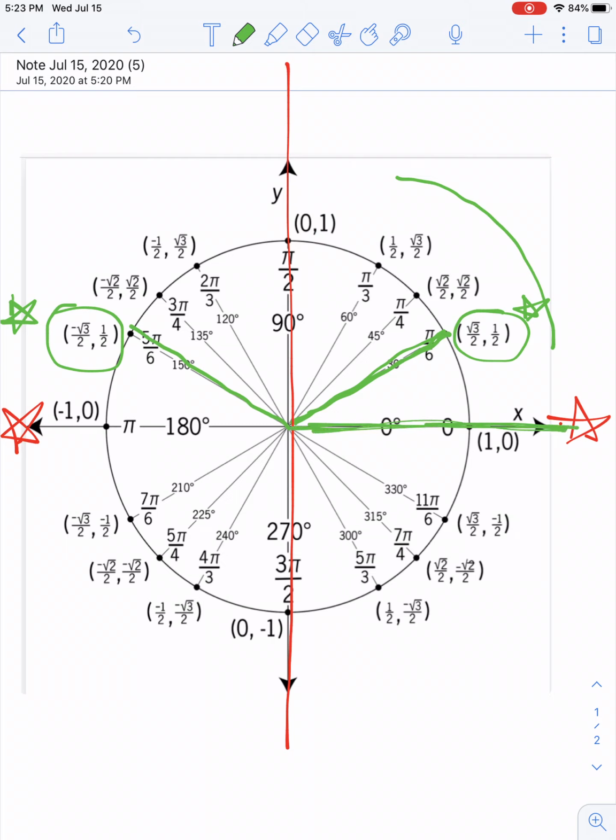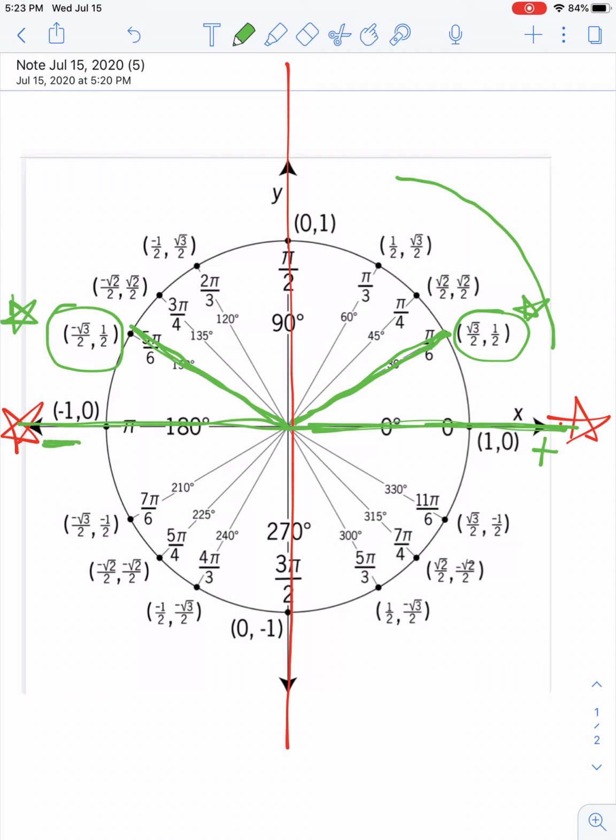Now over here, those are in the negative x values. So while the x coordinate still has the square root of 3 over 2, here on this side, it is negative because those are negative x values there.